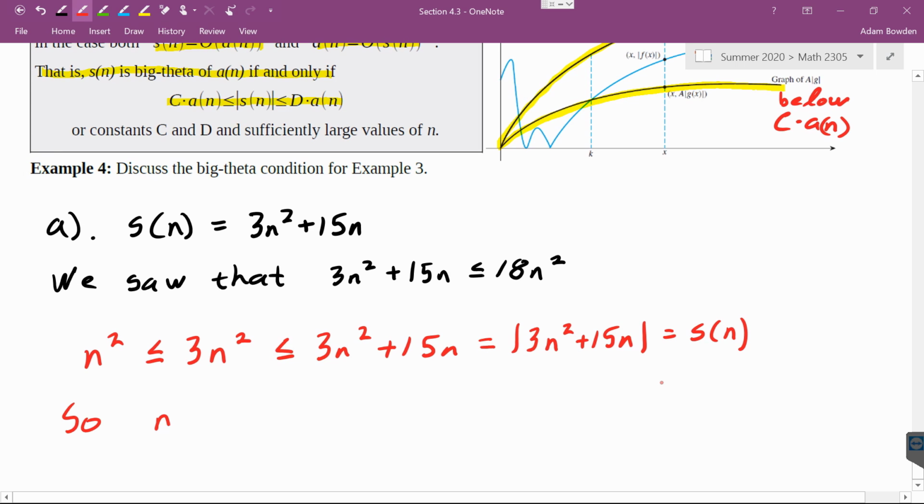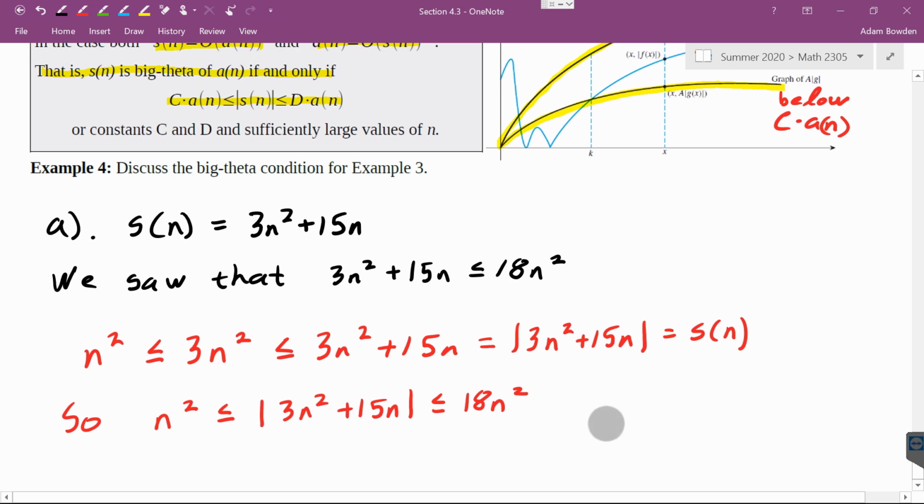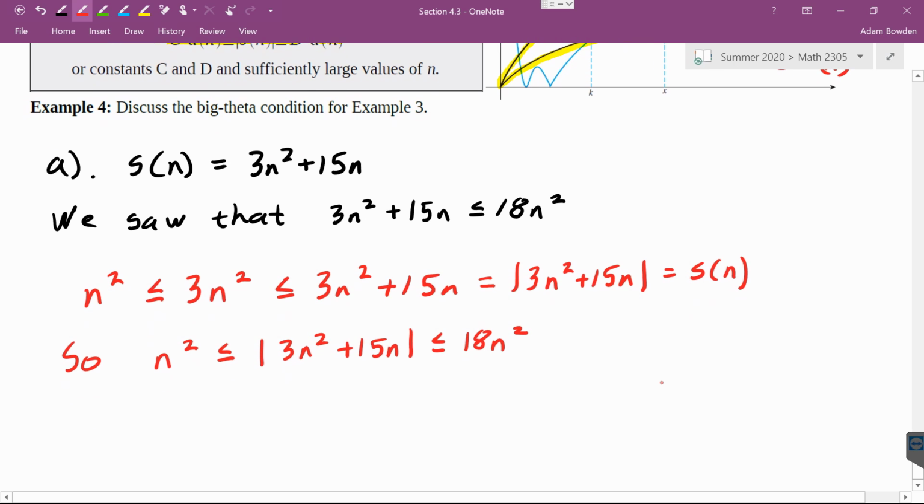So what we can see then is that n squared is less than or equal to the absolute value of 3n squared plus 15n, less than or equal to 18n squared, and that our inequality had also held up above for absolute values as well, so either way we're good. But this is just to show that n squared is less than or equal to the absolute value of S of n, less than or equal to 18n squared.